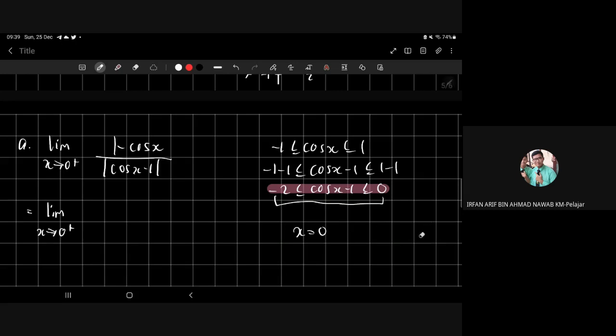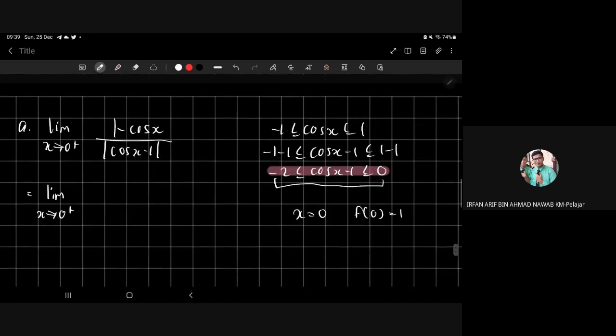So wait, let me do f of x. f of 0 will be 0, meaning that f of x is cosine of x minus 1.